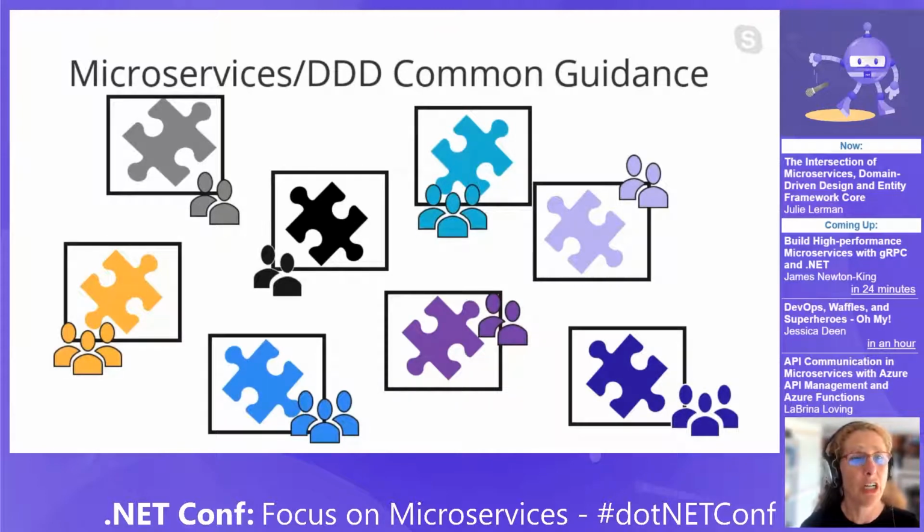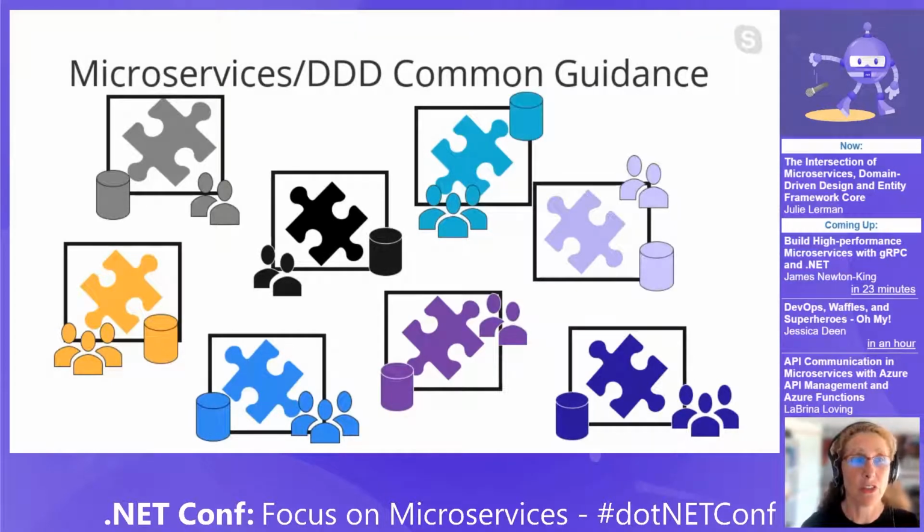Another bit of common guidance is, in a perfect world where you've got large teams, to have these microservices or bounded contexts developed in isolation and have different teams working on them so that they're really focused on them. And then another really important piece of guidance that's common between them is having a unique database for each microservice.